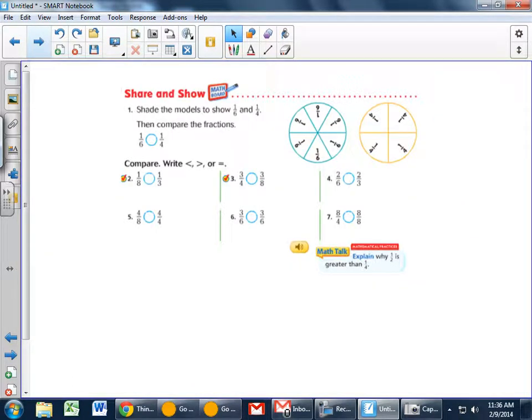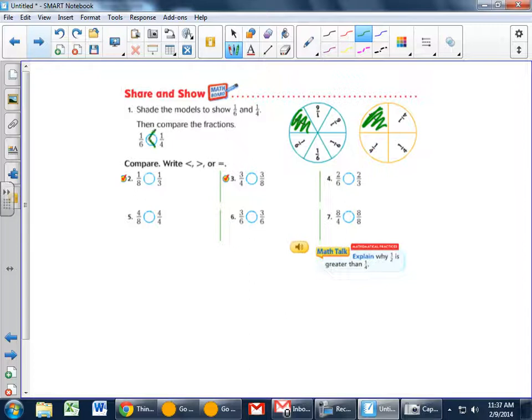Okay, on your next page, we're going to start with our show and share, or share and show, page 361. Shade the models to show 1/6 and 1/4. So here's our models. We have 1/6 and we have 1/4. Which one is having more color would be 1/4.